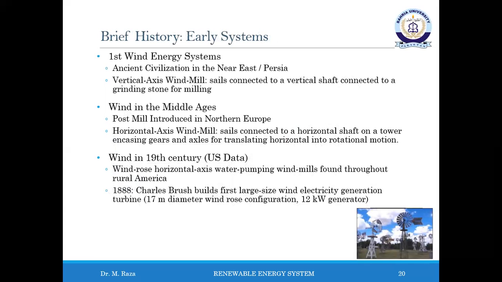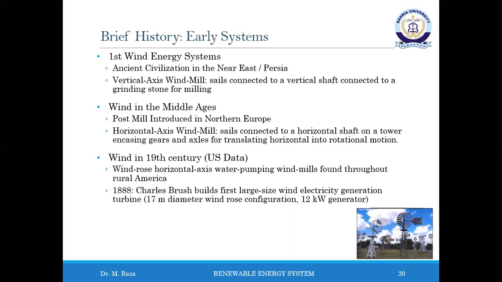A brief introduction to early wind turbine systems is presented here. The first wind energy systems existed in ancient civilization in the Near East, Persia, where windmills were vertical axis. In the Middle Ages, post mills were introduced in Northern Europe, which are mainly horizontal axis windmills.